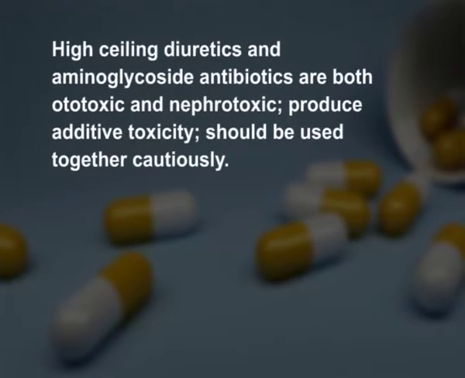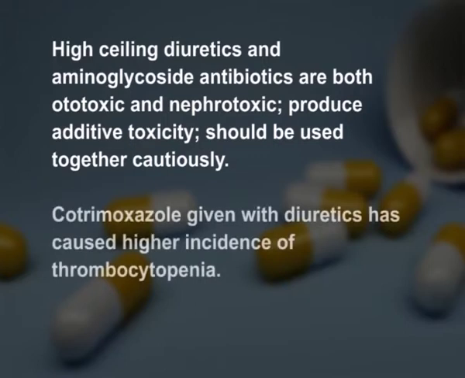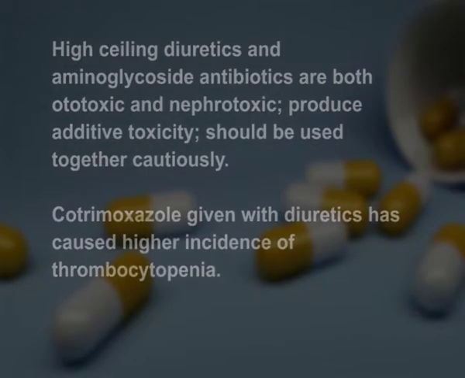Third, high ceiling diuretics and aminoglycoside antibiotics are both ototoxic and nephrotoxic, produce additive toxicity, and should be used together cautiously. Fourth, cotrimoxazole given with diuretics has caused higher incidence of thrombocytopenia.